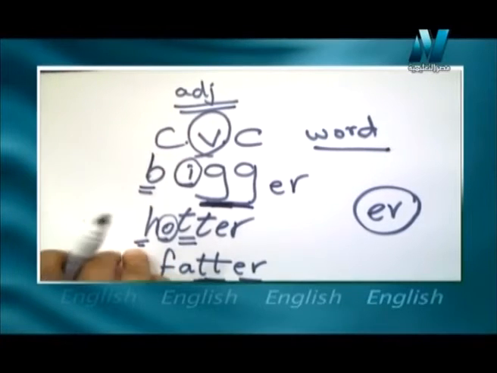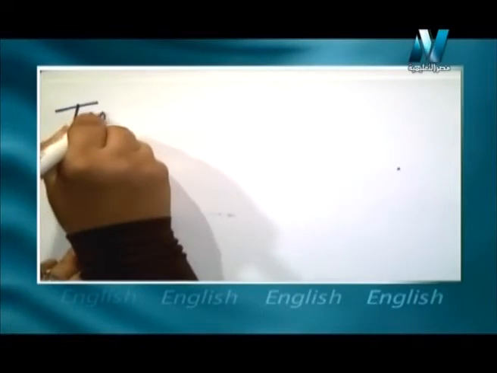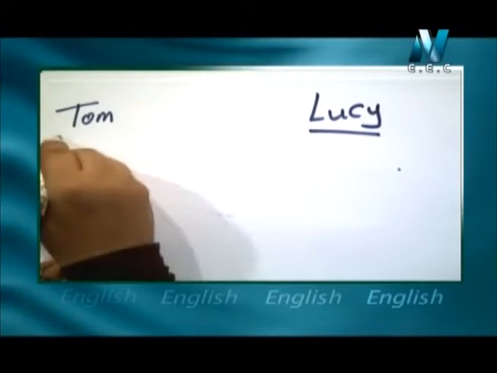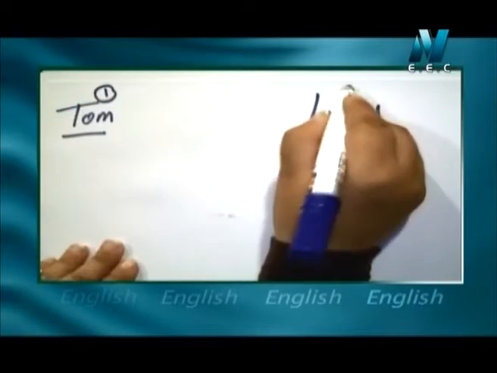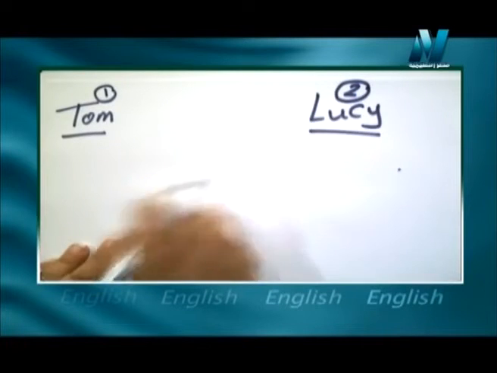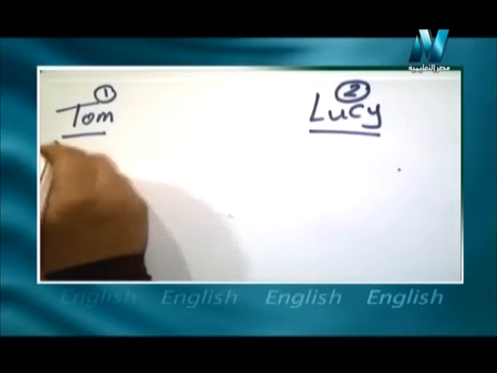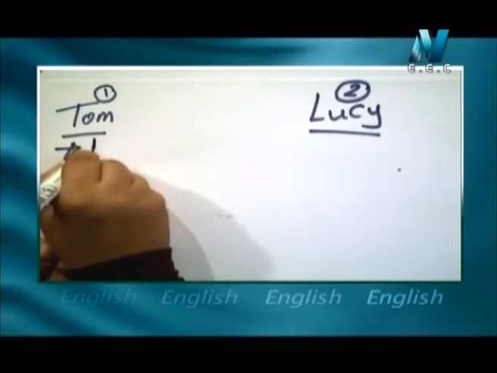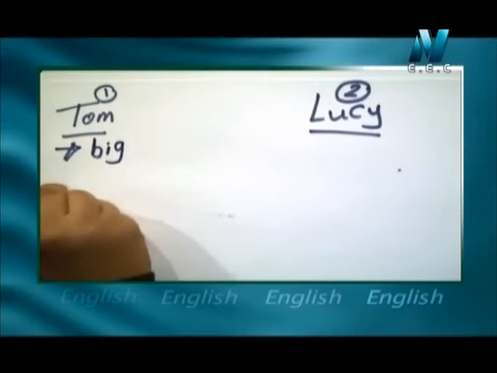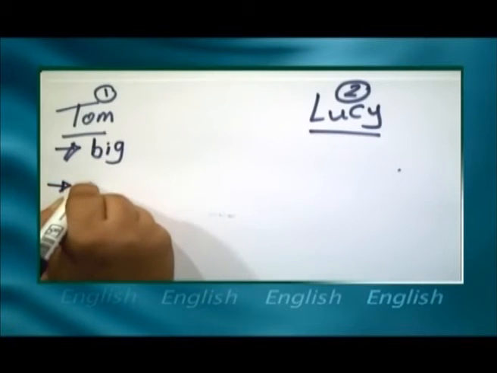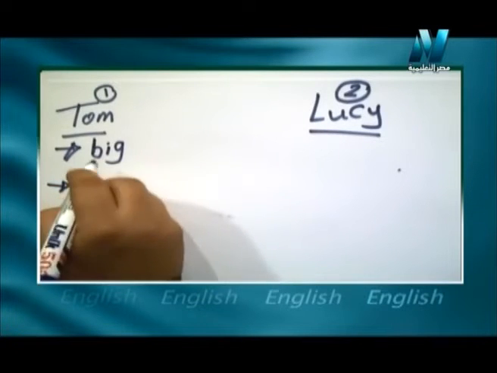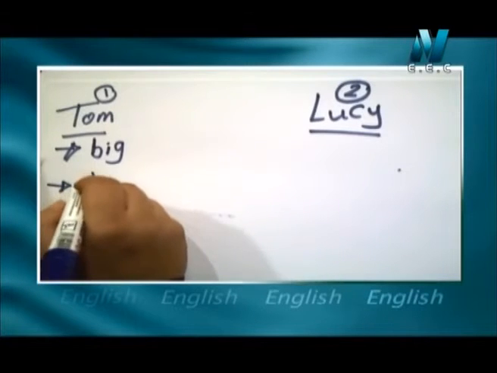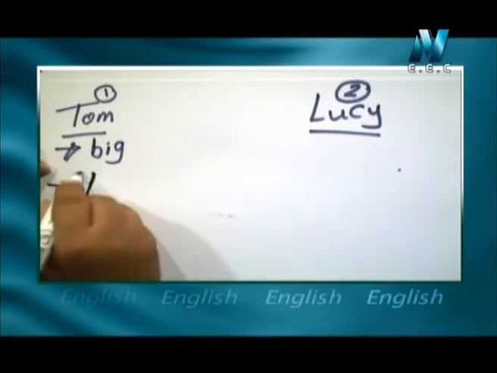Let's have an example. Tom and Lucy. This is number 1 and this is number 2. I will say here big, let's put number 1. I will put Tom.